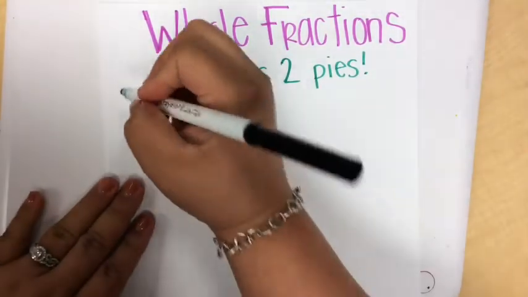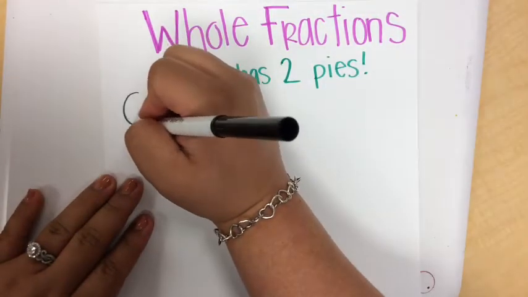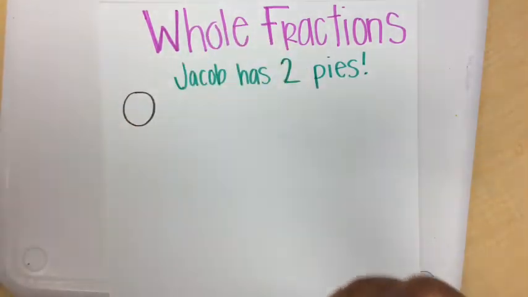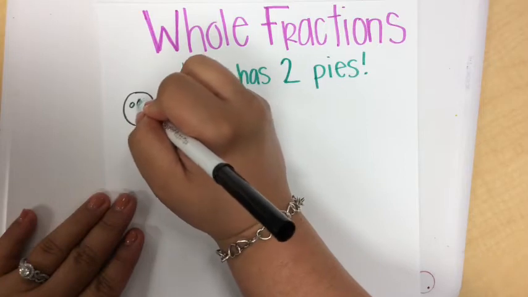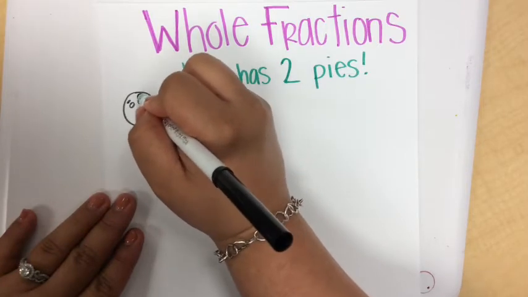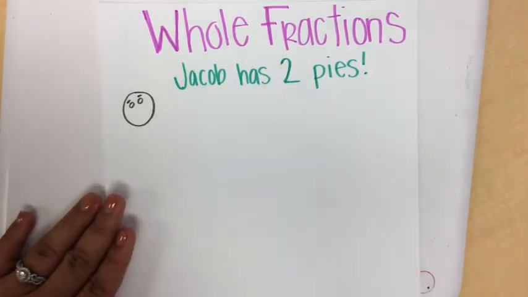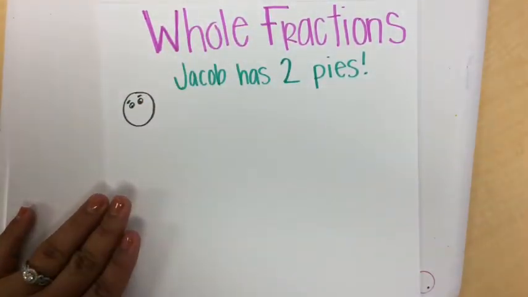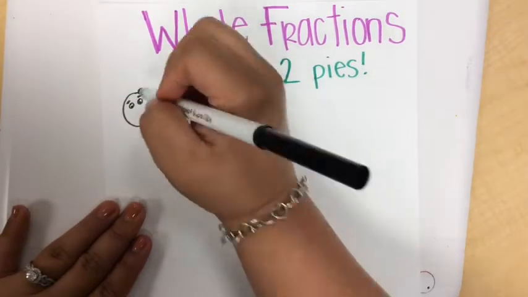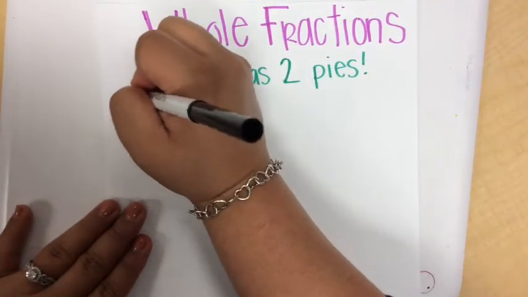All right, so let me draw Jacob. I'm gonna draw Jacob with his curly hair. That way we know that it's Jacob. So let me do his. I got a haircut, you know. I know you got a haircut, but I like your curly hair, so I'm gonna draw your curly hair. I mean, I like your haircut right now too, but your curly hair lets me know that it's you. So here's Jacob with his curly hair.